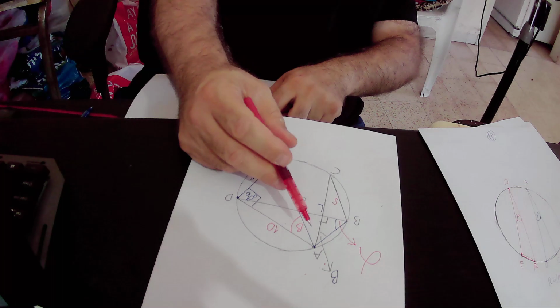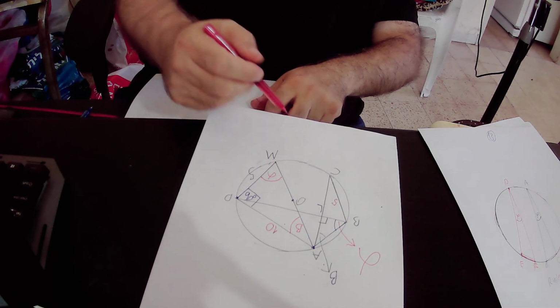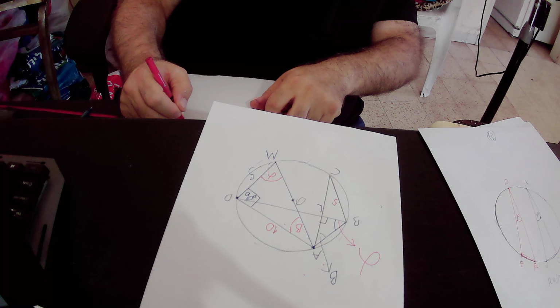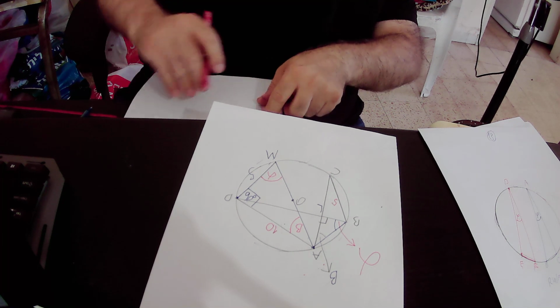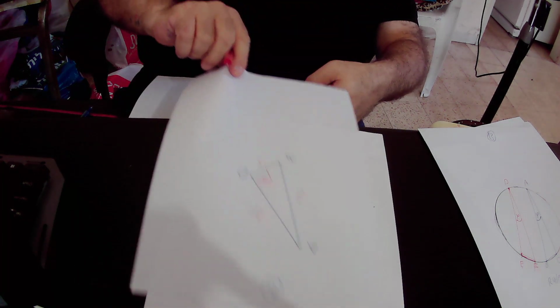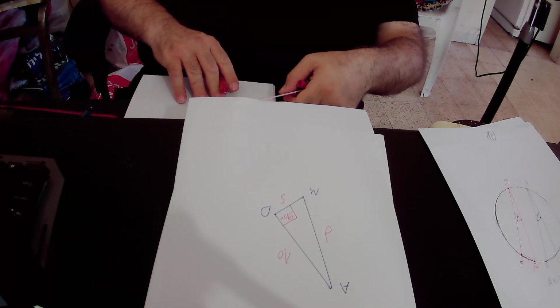So we will define chord AM as D because it is the diameter of the circle. So this is the right triangle AMD.